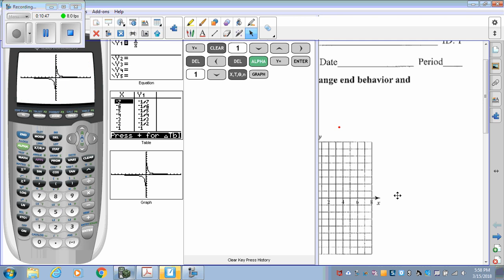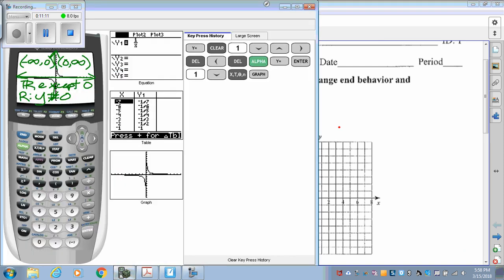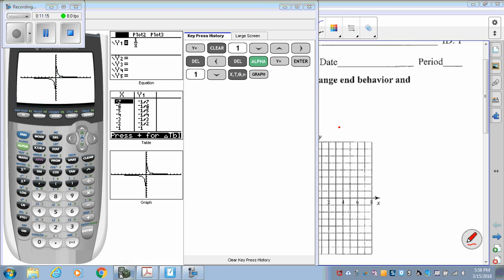So now if I look over here at what's happening, I'll go ahead and put this into the calculator. And this is actually, remember, this reflection is across the x-axis. So it normally looks like, 1 over, they're normally negative like that.